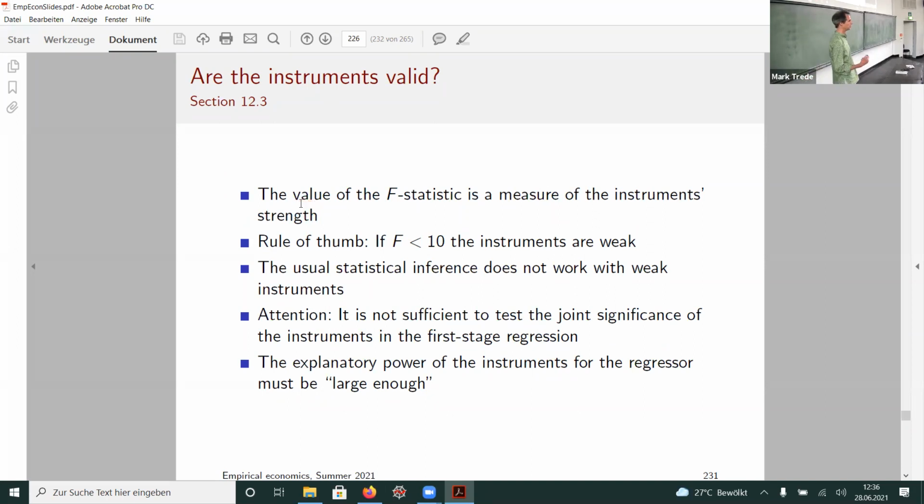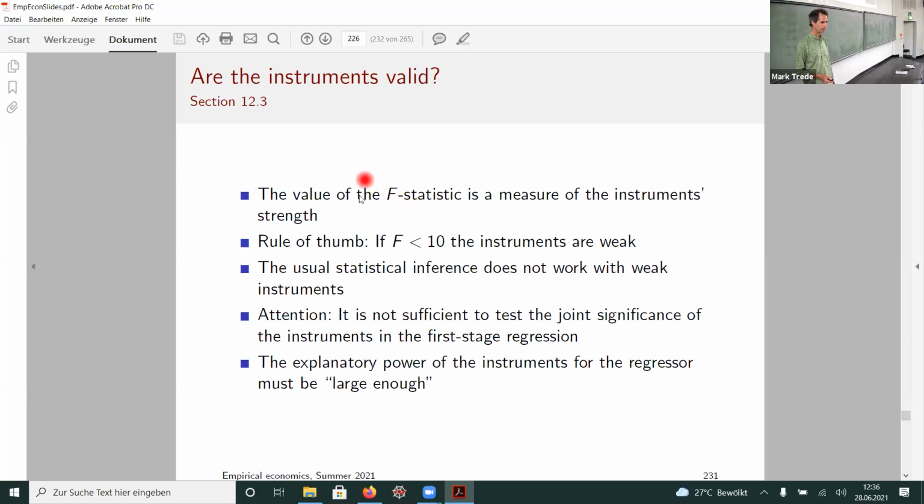But what we cannot do, and it leads a bit too far to really go into the details here, is to use the standard statistical inference that you have learned to really ensure that the instruments are relevant. So we need an F statistic which is much larger than usual to say that the instruments have enough predictive power to be useful in this two-stage least square regression.